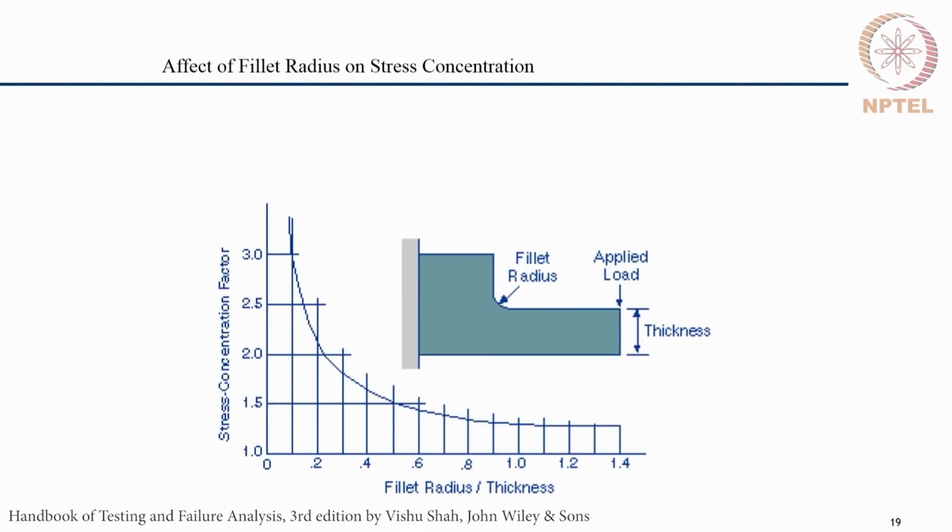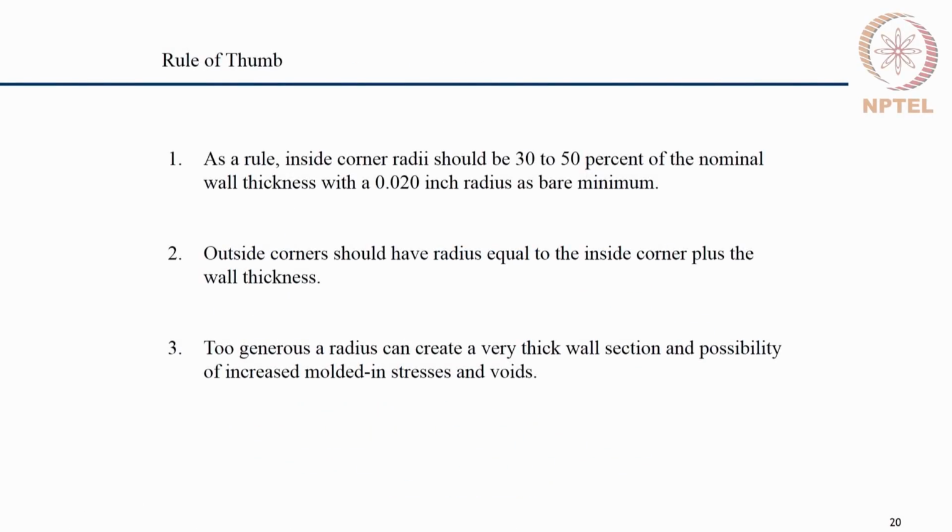There are studies which show how the corner radius has an effect on the stress concentration. So, one can choose an appropriate radius and know what kind of stress concentration factor one has to use in the design for any given applied load. The general rule of thumb is to have an inner corner radius of about 30 to 50% of the normal wall thickness.